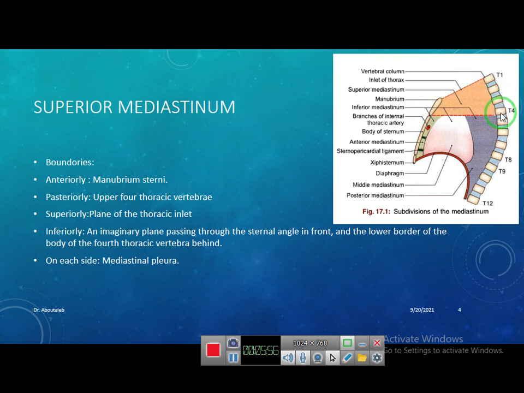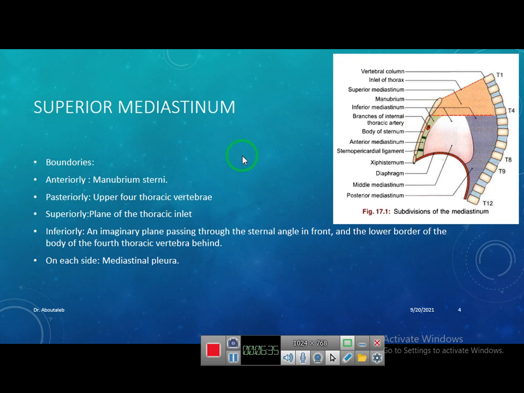Superiorly, it is limited by the plane of the thoracic inlet, and inferiorly by a plane passing through the sternal angle in front and the lower body of the fourth thoracic vertebra behind. And on each side of the superior mediastinum there is mediastinal pleura.